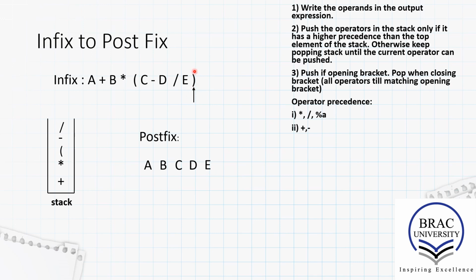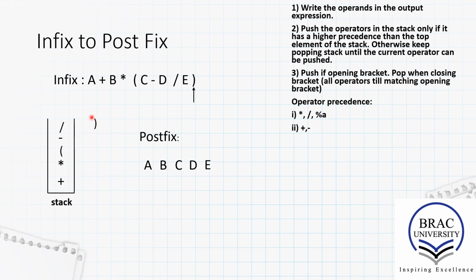And then I have the closing bracket. So the rule is, when the closing bracket comes, I now have to pop the stack. Whenever I encounter a closing bracket, I will have to pop all the contents of my stack till I receive an opening bracket.